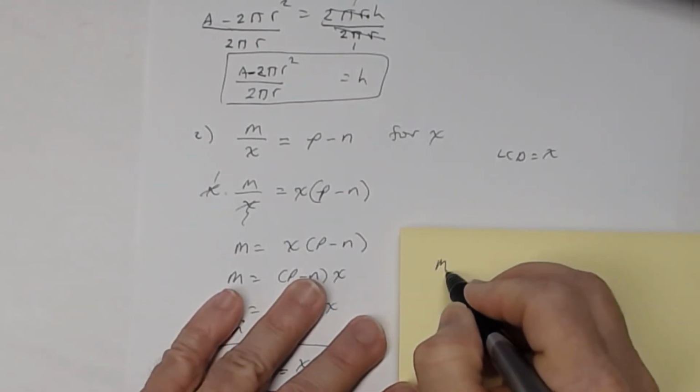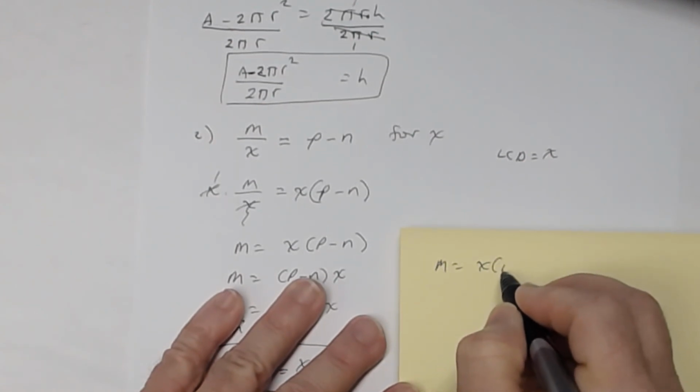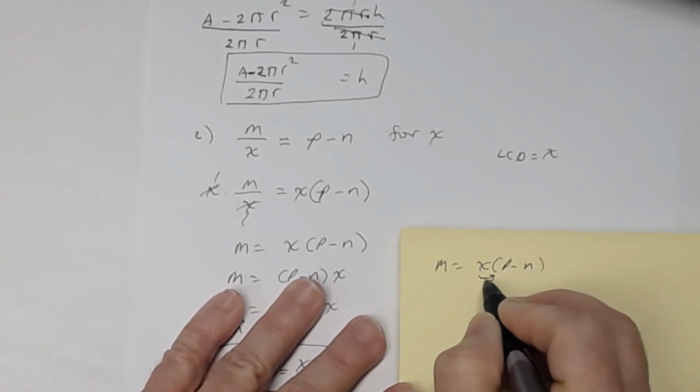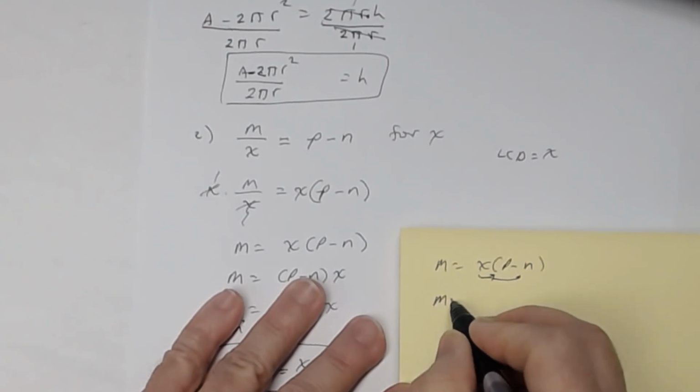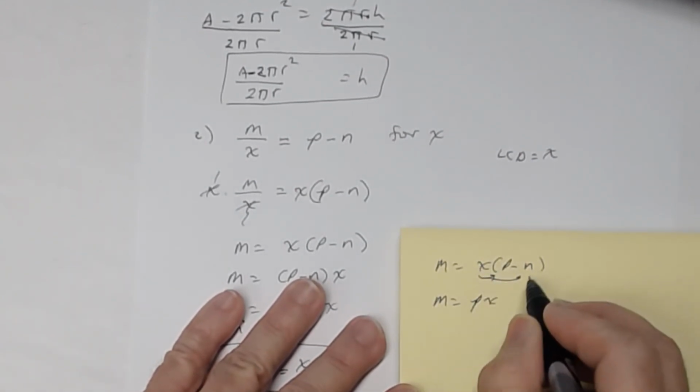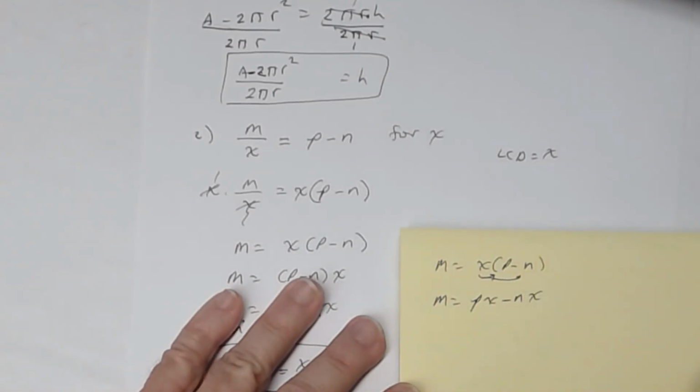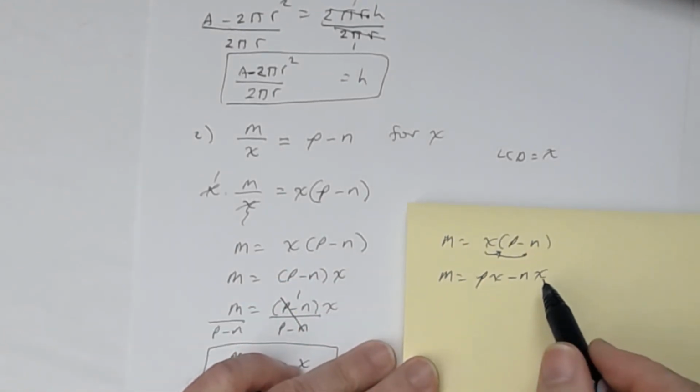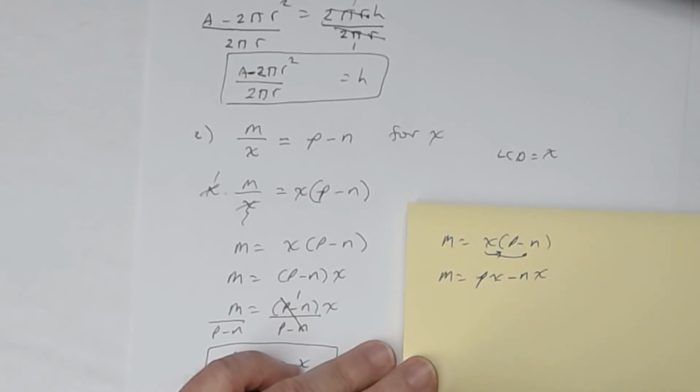Because watch, if you had done that, you would have had this situation. So distribute the x, you would have said m equals x times p is p times x, and then x times a negative n is a negative nx. But then you would have said, well, how am I going to get x by itself? Well, you've got to remember the idea of factoring.